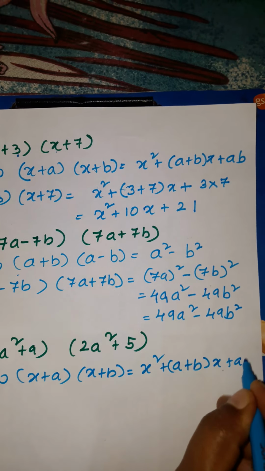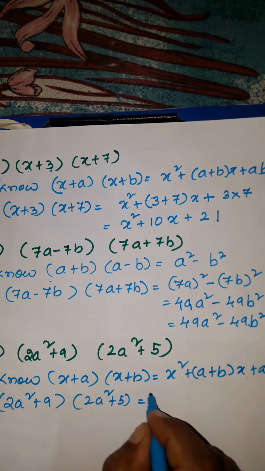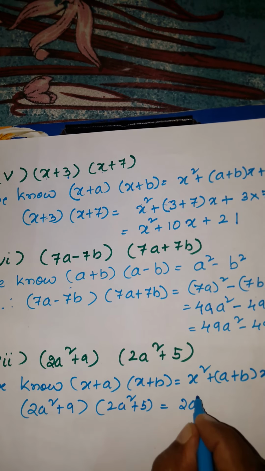Therefore 2a square plus 9 into 2a square plus 5 is equal to, first term is 2a square, we write 2a square whole square plus a plus b, where a is 9 and b is 5, into x which is 2a square, plus ab.